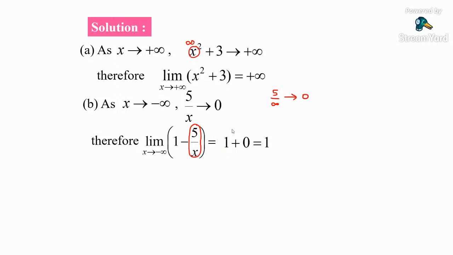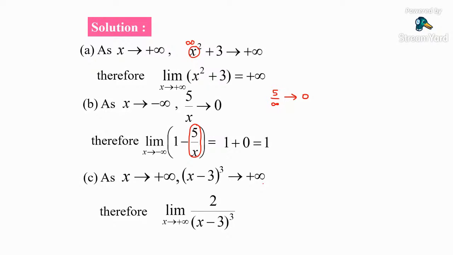Can you guess for C? What do we have for C? For C, we have something with a square, right? Okay, so as x approaches positive infinity, (x − 3) cubed. If you substitute x with infinity over here, we got infinity to the power of 3, so this is also positive infinity.